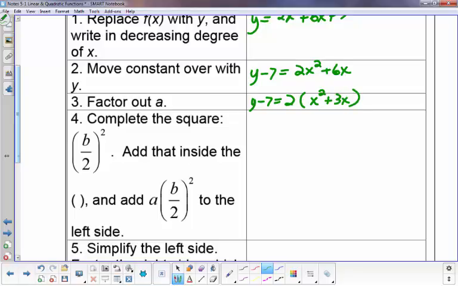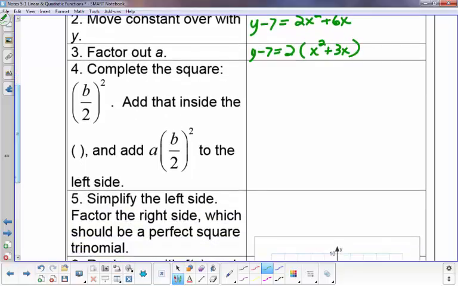And now we're going to find our value. So y minus 7 plus blank equals 2 times x squared plus 3x plus blank. We need to take half of b, which is 3, so it's 3 over 2, and we're going to square it. So 3 over 2 squared gives me 9 over 4.